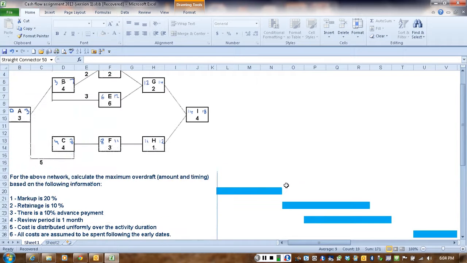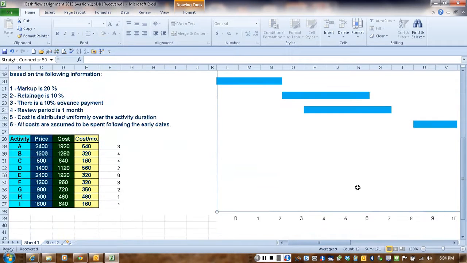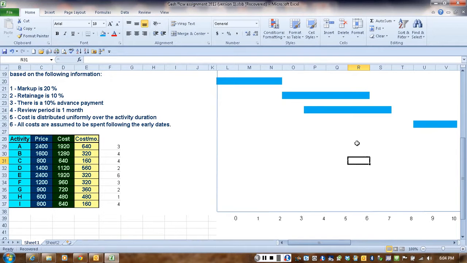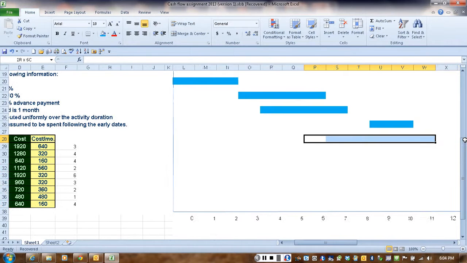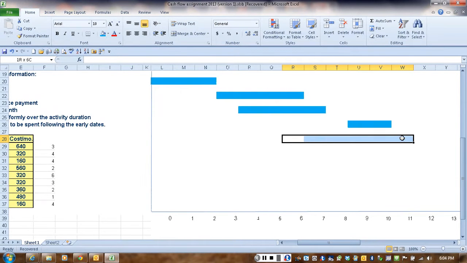So activity E is going to be from 6 to 12. One, 2, 3, 4, 5, 6.